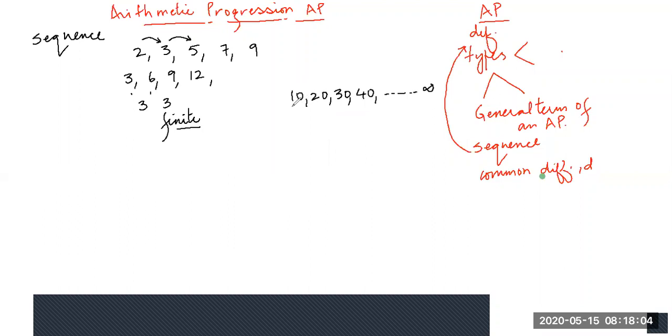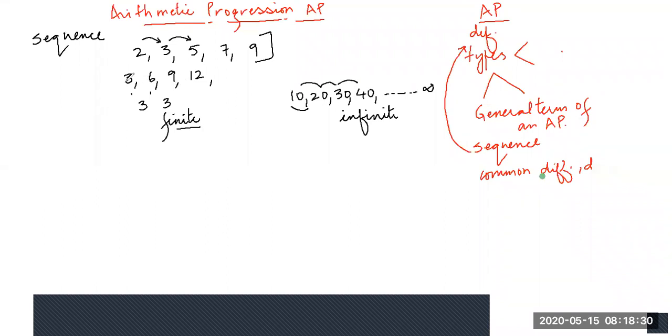For example, if I say this is the first term of the sequence, if I add 10 to this, I get the next term, and that is always till infinity. Now, in this sequence, there are finite terms. I call it a finite sequence, and this is an infinite sequence. Now, the difference between this sequence and these two sequences is that there's no particular definition of this.